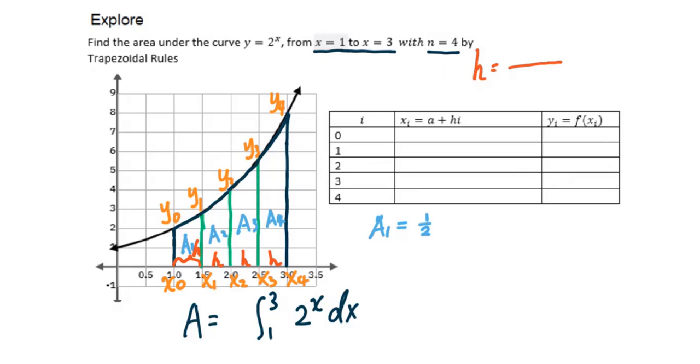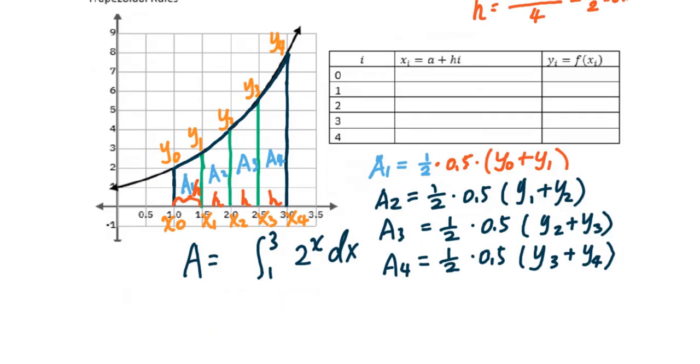You get the distance between 3 and 1. So (3 minus 1) over 4, so that you will get 1 over 2, 0.5 will be the H. So you multiply by 0.5, and then times your top base and bottom base, we will do the Y0 plus Y1.